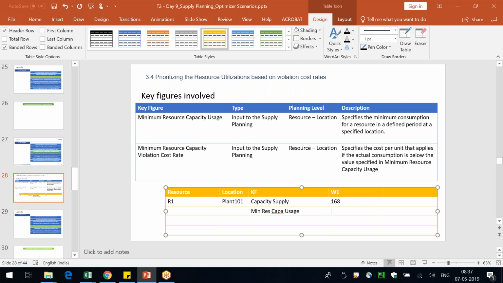You want the minimum to be there for 100 hours, and then you also give a violation cost rate, right? So you say minimum resource capacity usage violation cost rate.